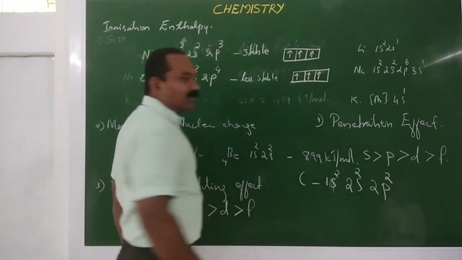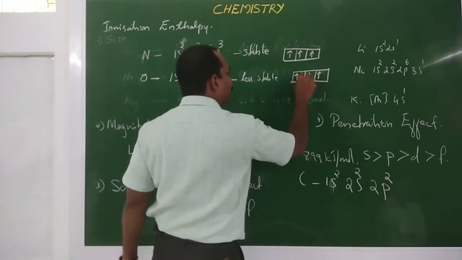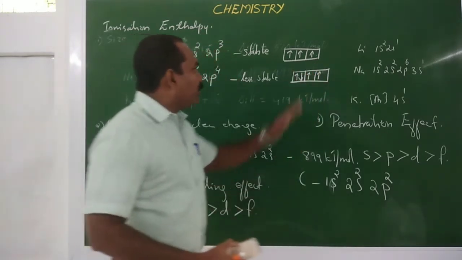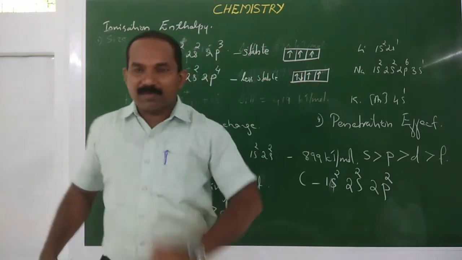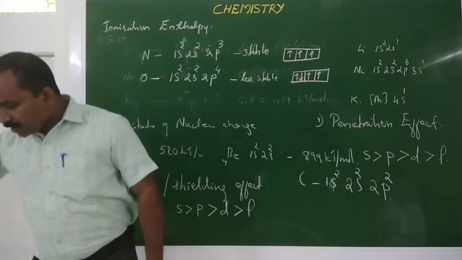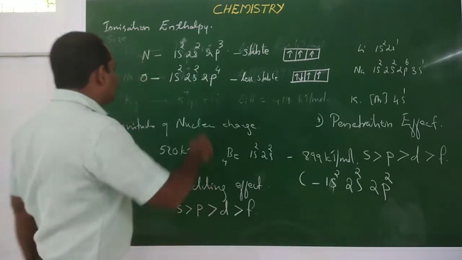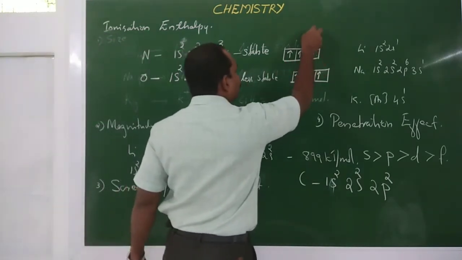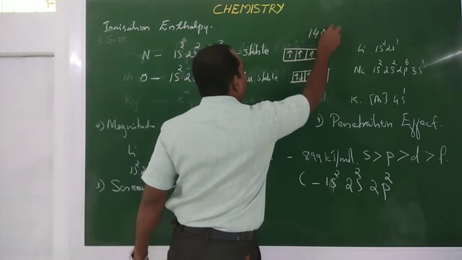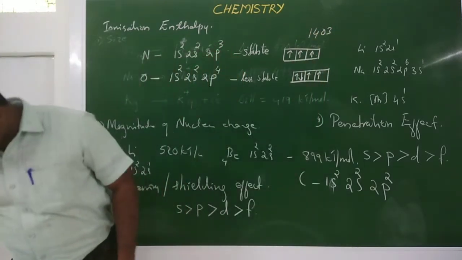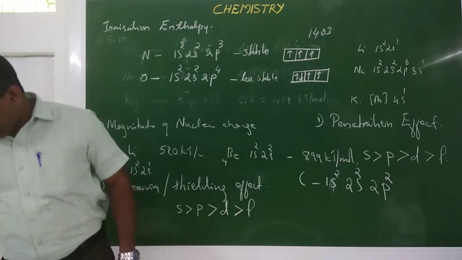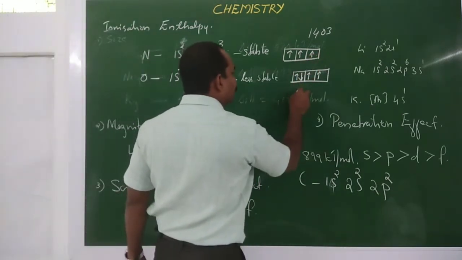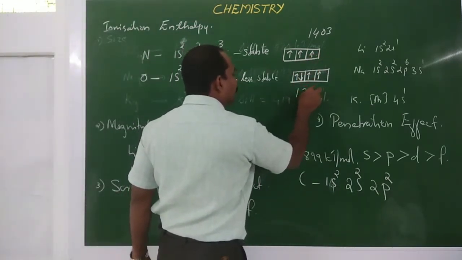There are 4 electrons, so 1 electron is paired. So this orbital is partially filled, less stable. Okay, that's why the ionization enthalpy is changing. In the case of nitrogen, it is 1403. Okay, and in the case of oxygen, it is 1300.